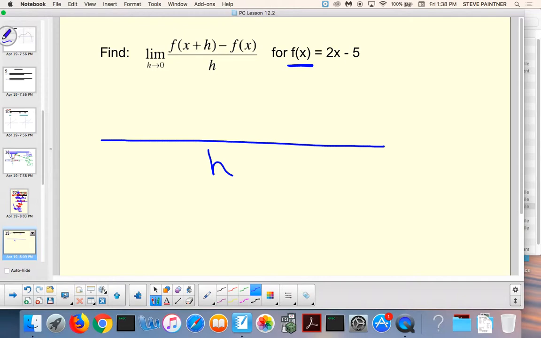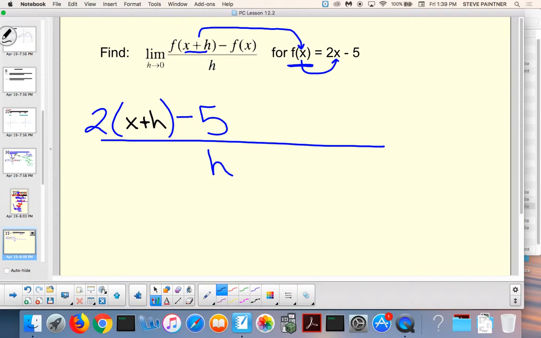I'm done. Just drawing arrows, just trying to show you I'm putting in what number? x plus h goes in for x, and then I slide it over to the function. So it's 2 times x plus h minus 5.